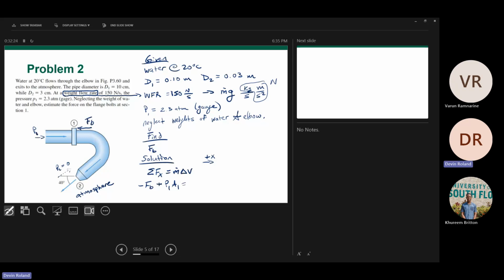And that's going to be equal to m dot V, or I'll be consistent with how he does it, U2 minus U1. So maybe it's better if I write U here, and then we'll plug in the V's depending on what their direction is.